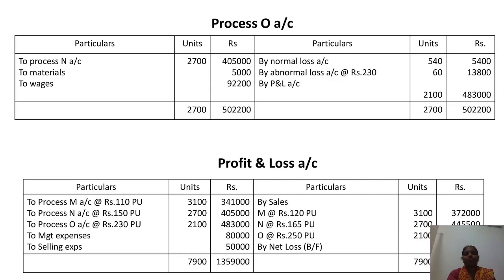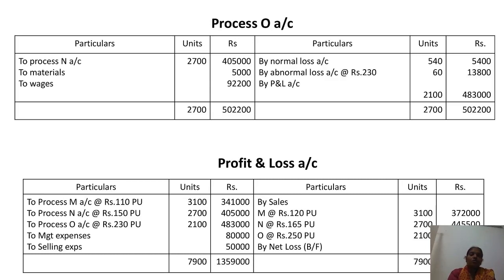Apart from that, the company is making sales in case of M at the rate of 3,100 units, that is 3,72,000, in case of N at the rate of 165, and O, that is 2,100 units at the rate of rupees 150. Then when we total this account, in the units column we have 7,100 on the debit side.